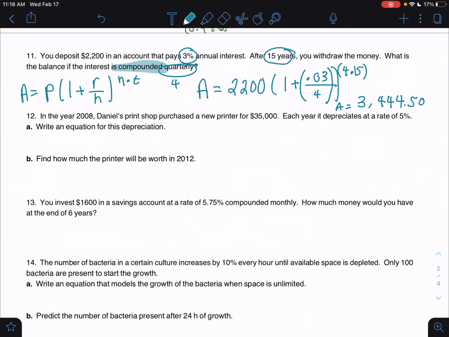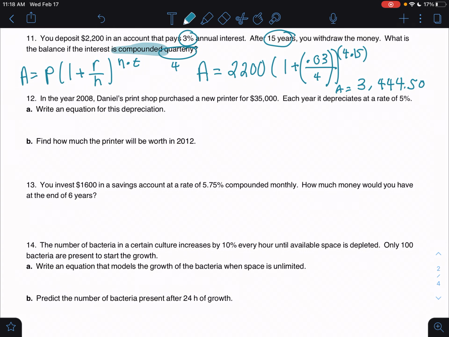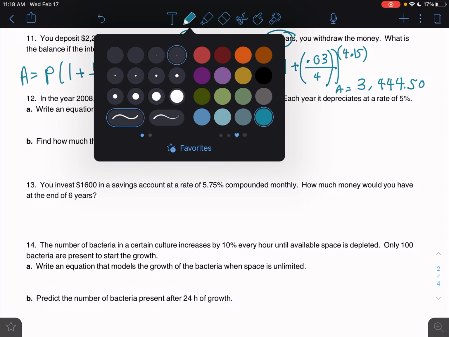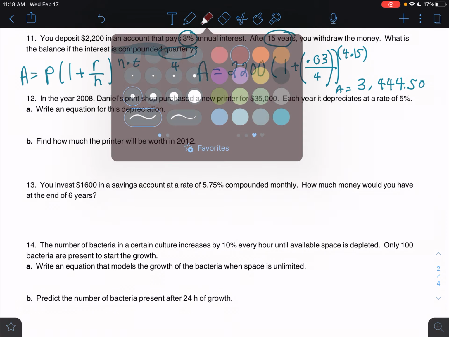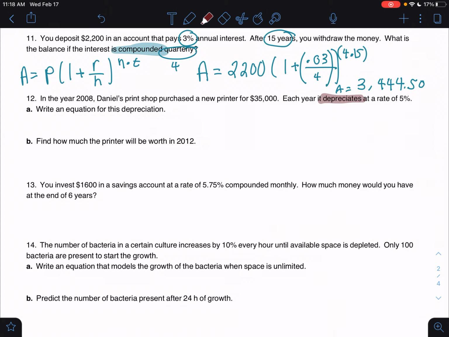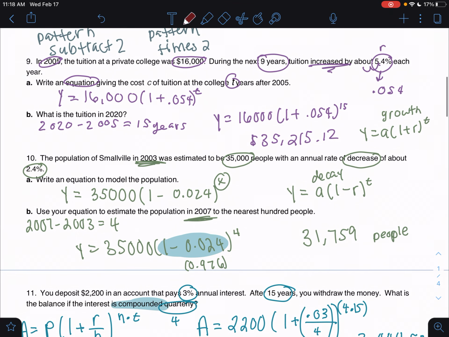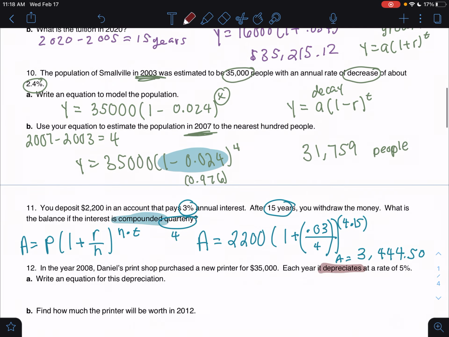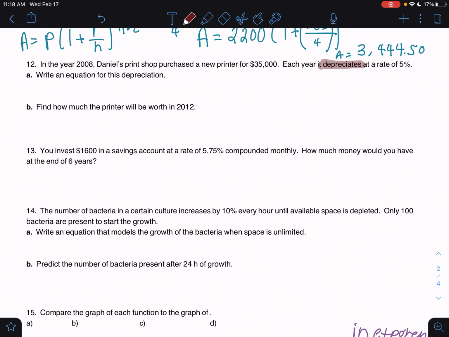Okay, let's look at number 12. In the year 2008, Daniel's print shop purchased a new printer for $35,000. Each year it depreciates at a rate of 5%. So I see the word depreciates. That means lower, going down. So we're going to use the decay formula for this one, because it's going down.